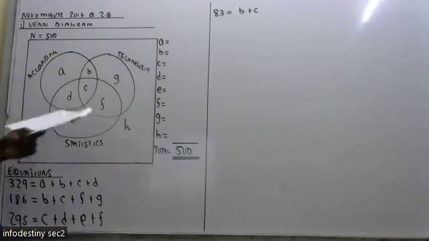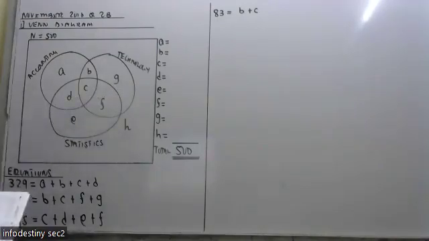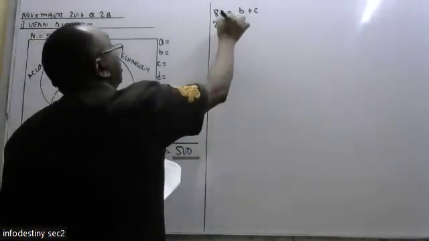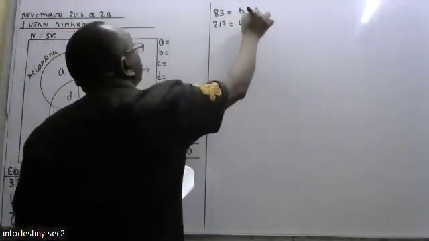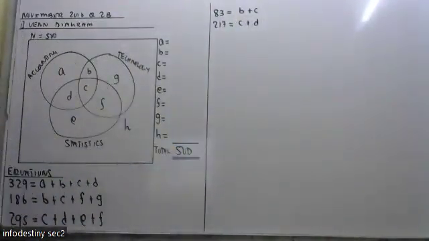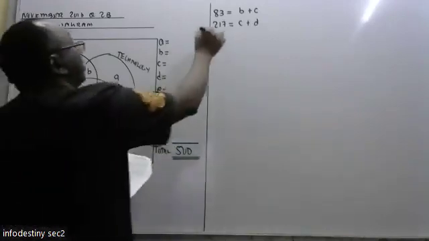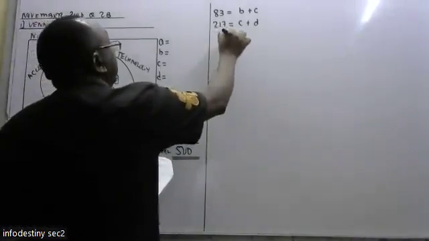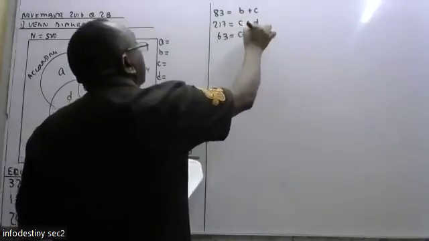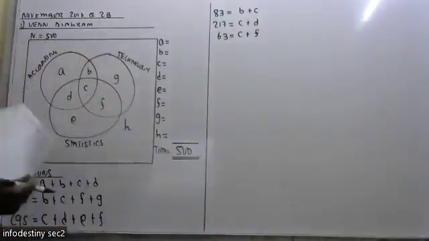Accounting and statistics, it is C and D. They are the ones inside that. 217 is C plus D. 63 were enrolled for statistics and information technology. So statistics and technology, 63. It is C plus F.